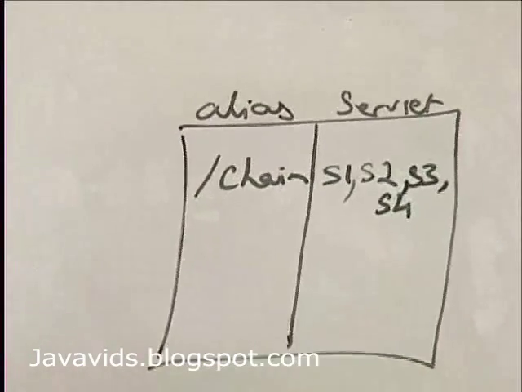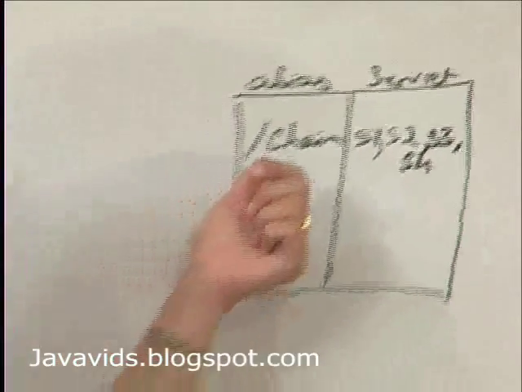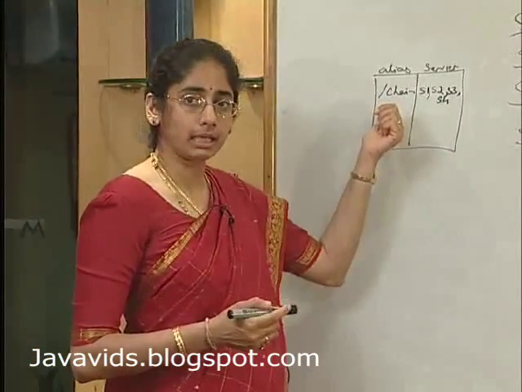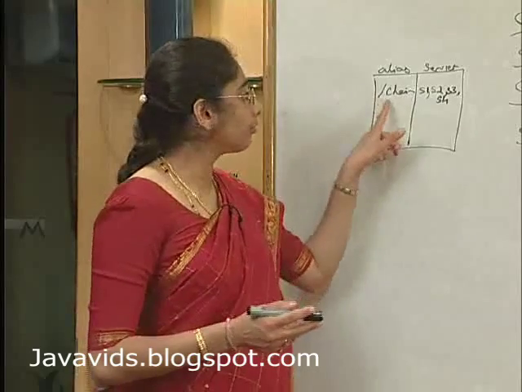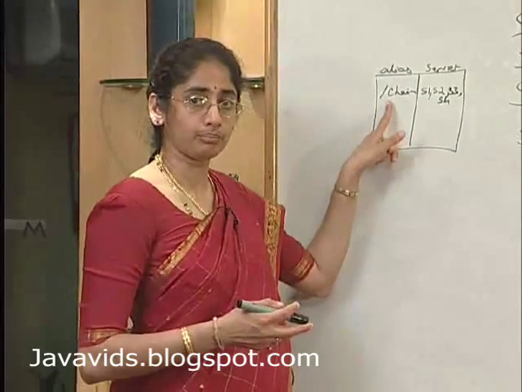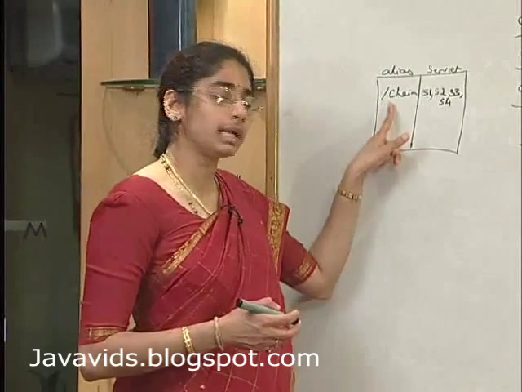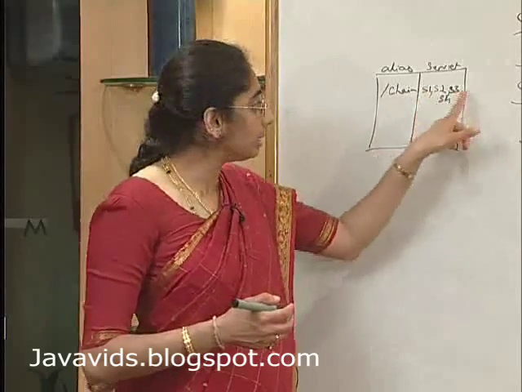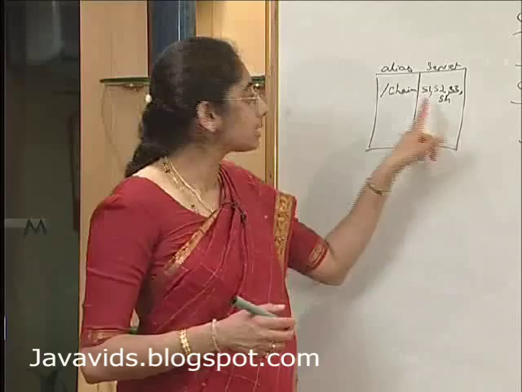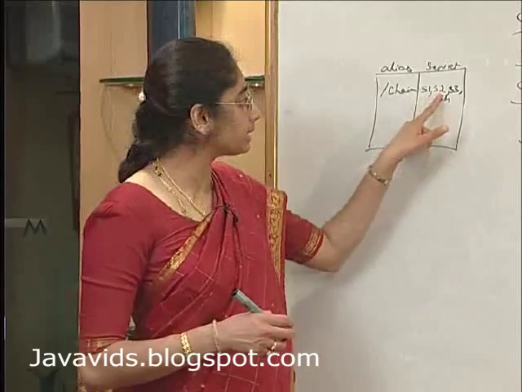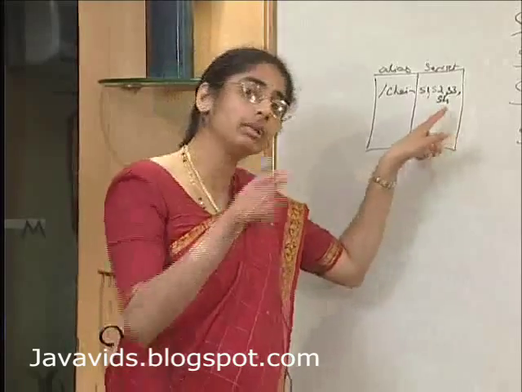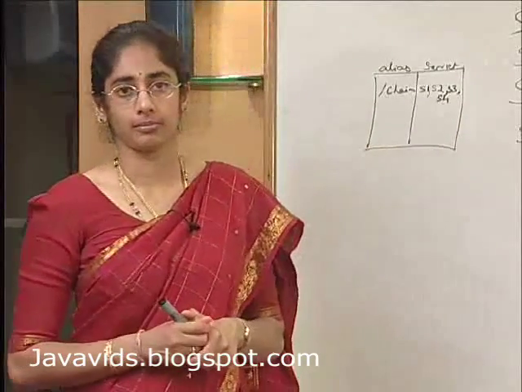Now to execute, you specify HTTP localhost 8080, your web application name, followed by /chain. When you call with /chain, it will start executing depending on how you have specified the list. So it will execute S1 first, then S2, S3, S4, and finally the last servlet in the chain will give an output to the client.